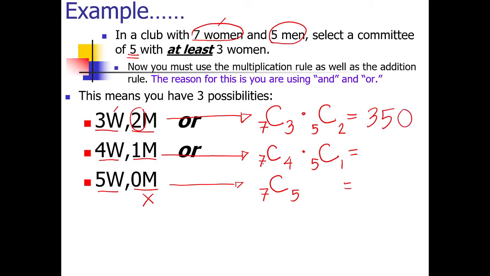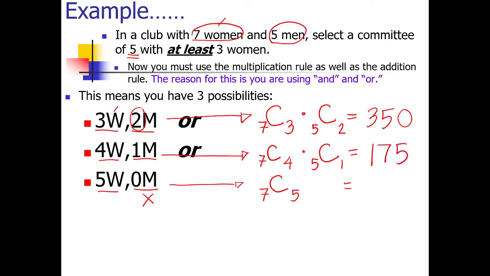What about 7 combination 4 times 5 combination 1? 175.